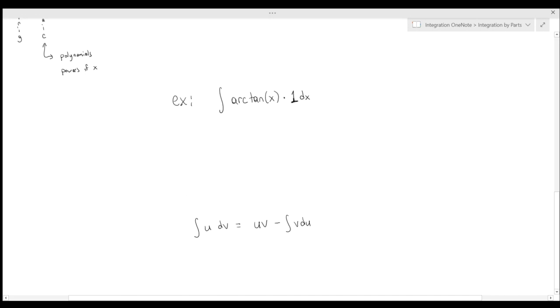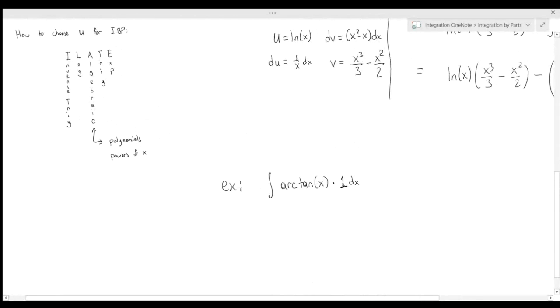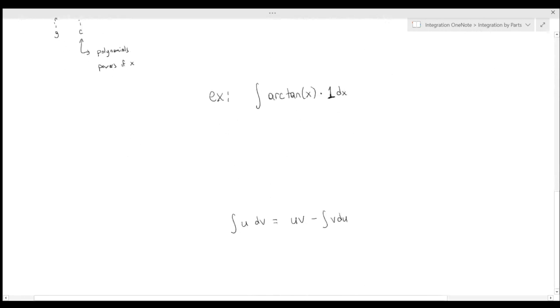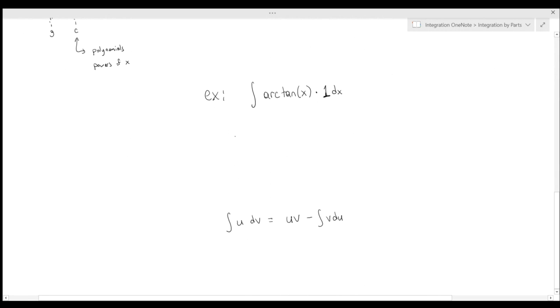So remembering ILATE, if I'm going to do integration by parts, my first choice for u would be an inverse trig function if there are any. So arctangent is an inverse trig function. So I should choose that to be u. So that will leave the 1 dx as my dv.